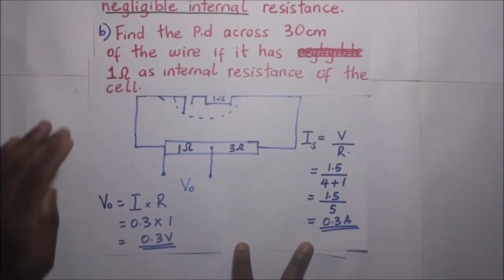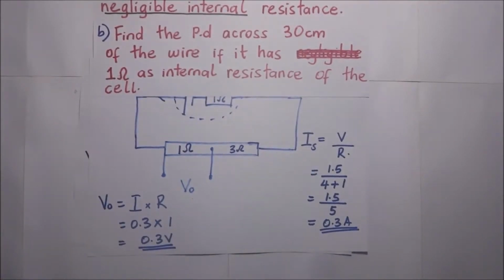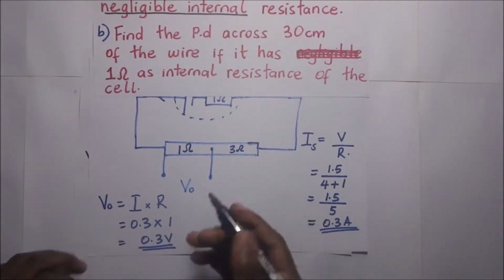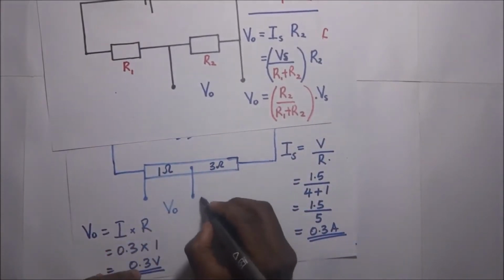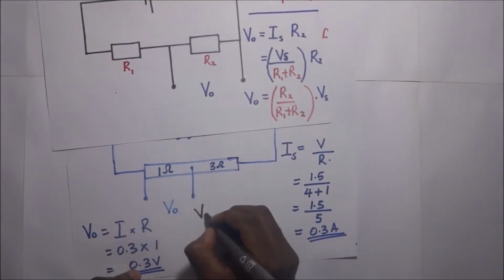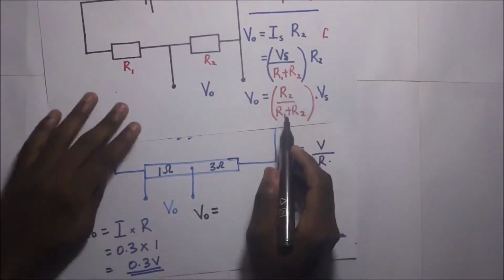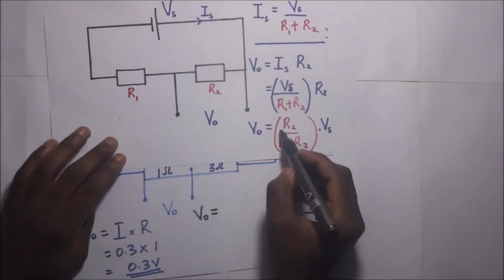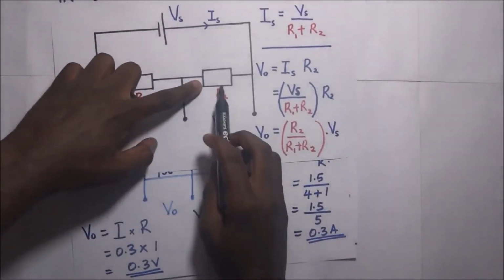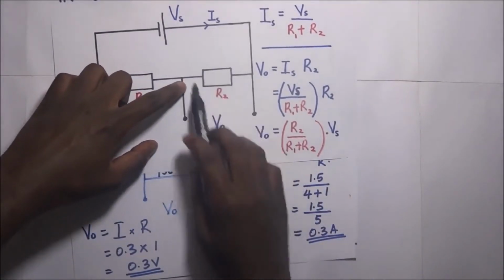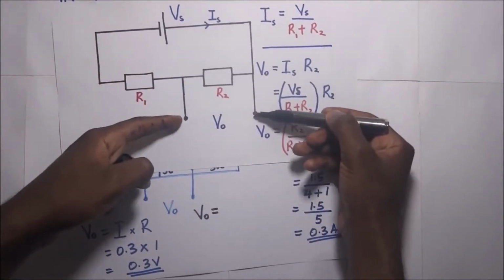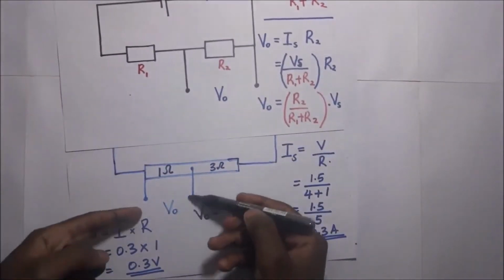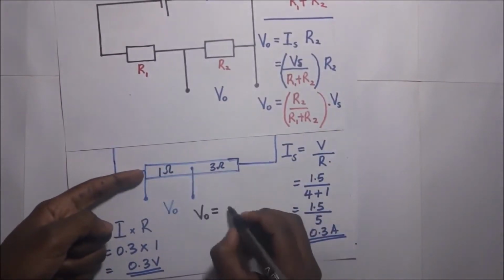Of course, if you want to use the formulas that we derived earlier in the general sense, I would say V0, the output voltage, is R2 over R1 plus R2. Our R2 in this case is the resistor that is across the output voltage that we want, which is 1.